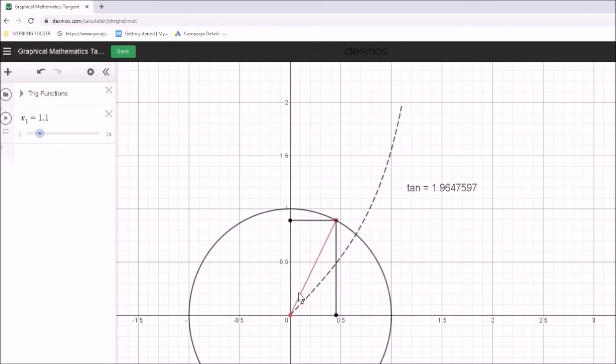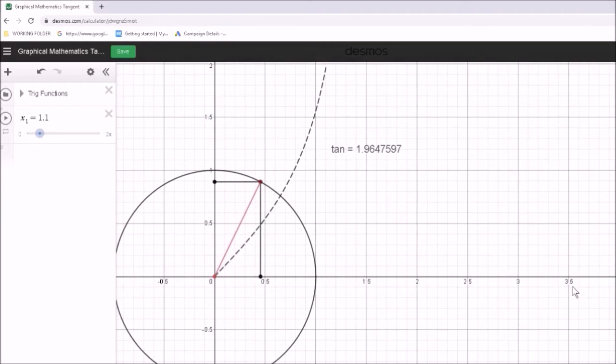Now you might be looking at this and saying, but wait a minute, along this axis I thought you said the angle is going to be from 0 all the way along to 360. But whenever I've drawn this out, I've only got this value here. It looks like it's going from 0 up to about 4 or 5.